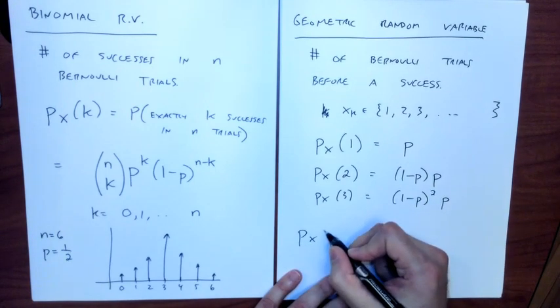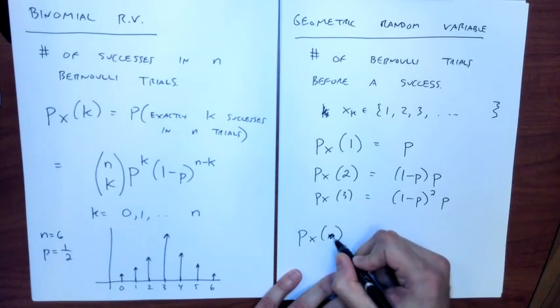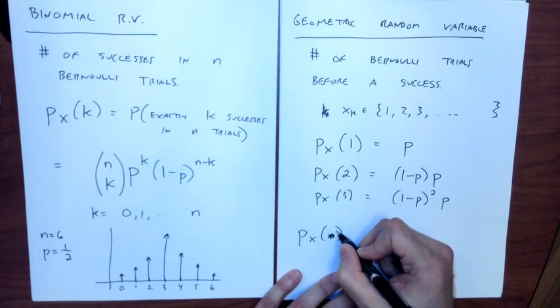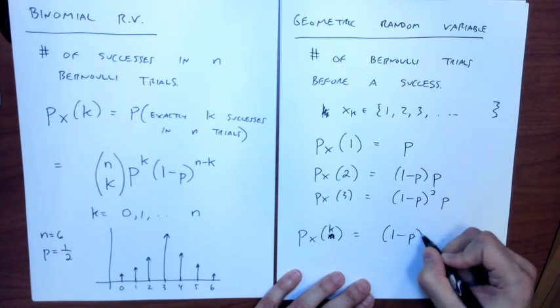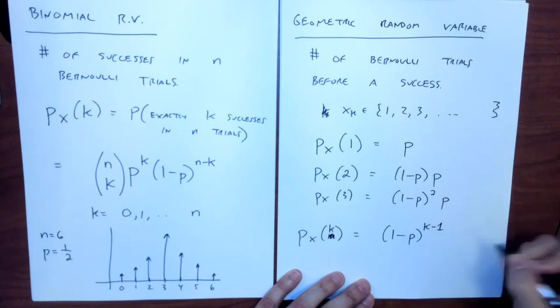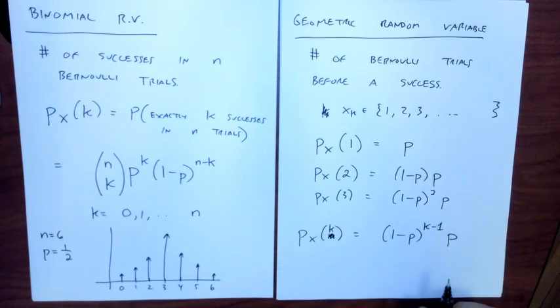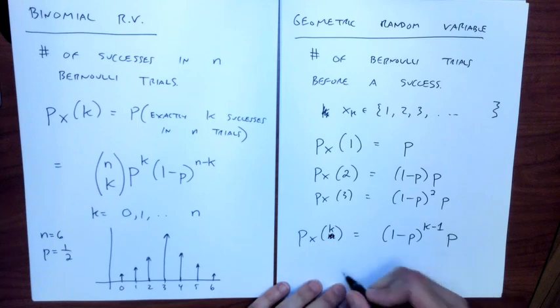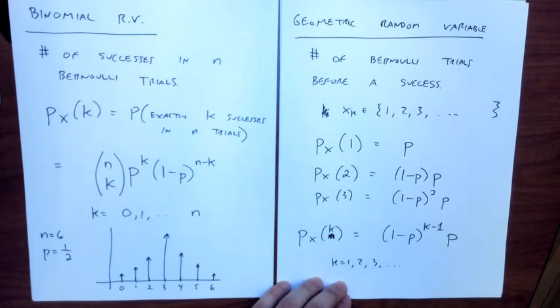The probability of needing exactly k tries is equal to failing k minus 1 times and then succeeding on that next try. And so here, my possible values are 1, 2, 3, and so on.